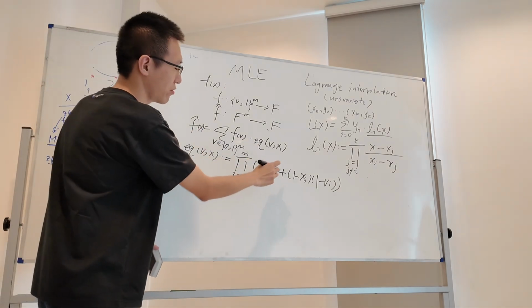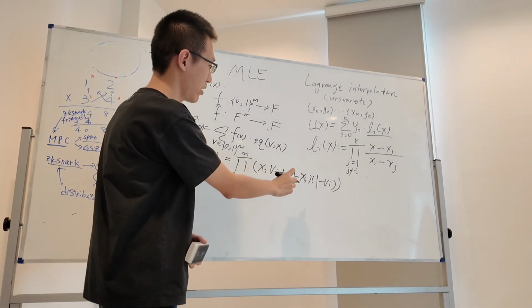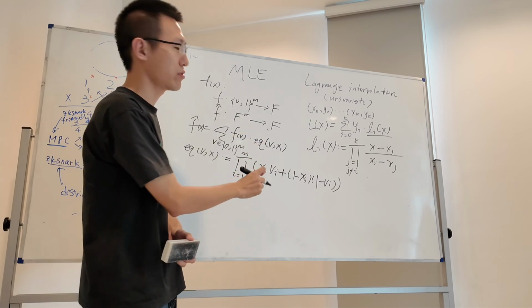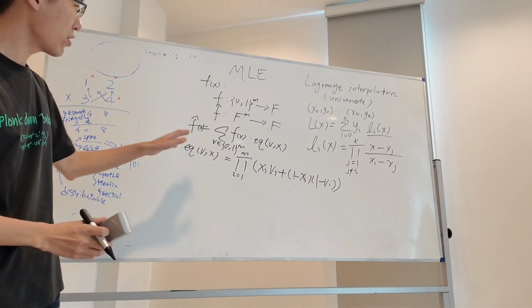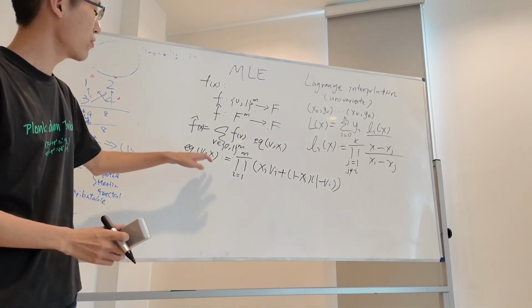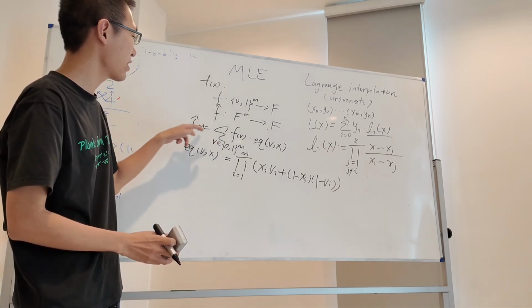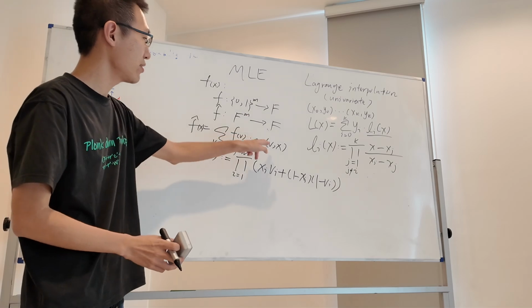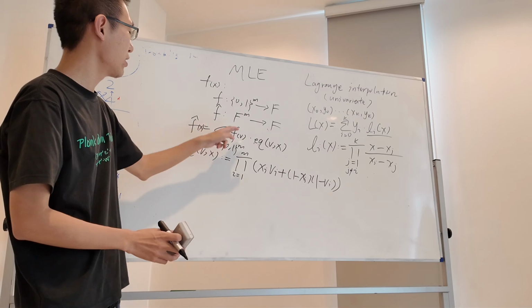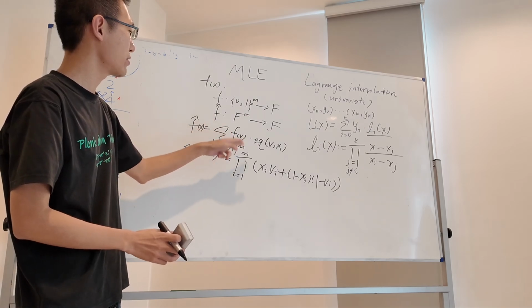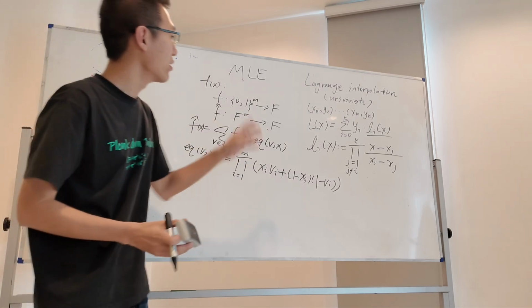If just one dimension is not equal, there will be some zeros here, so the whole equality function should be 0. Only if w is equal to x is the equality function equal to 1, so the result is f(w).